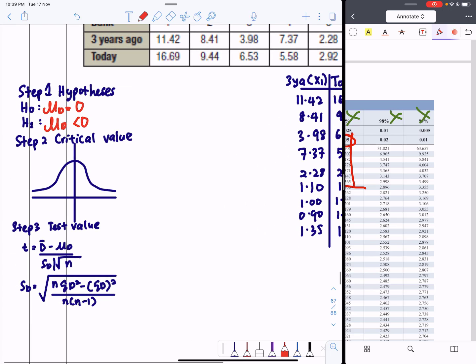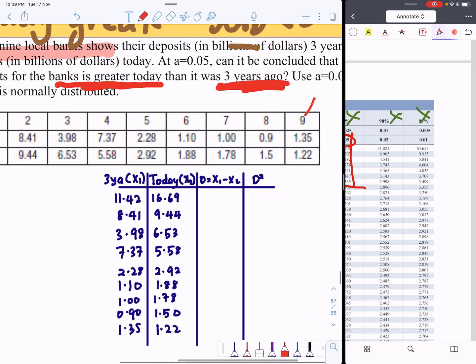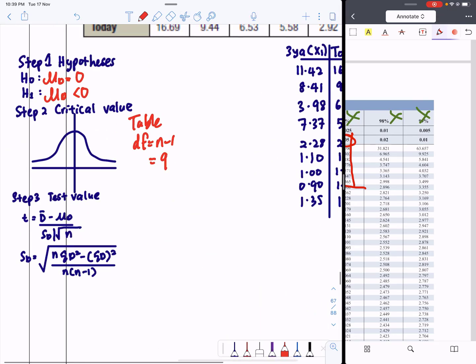Then we move to critical value. For this critical value, similarly, we use table F. Okay, table F. And then we have the degree of freedom, df, sorry, equals to n minus 1. How many numbers do we have here? We have 9. 9 minus 1 equals to 8.